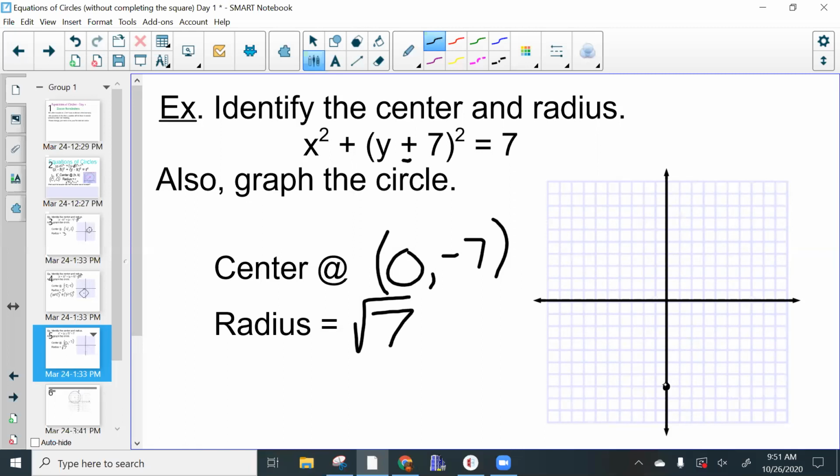And then our radius is root of 7, so we know that it's going to be between 2 and 3. So I'm just going to do a rough estimate here. Our points right here. And then again, I'm just going to connect them to form a circle.